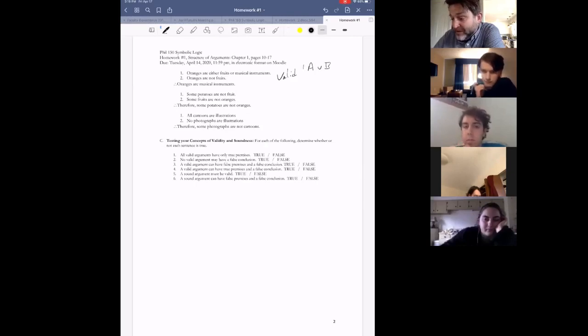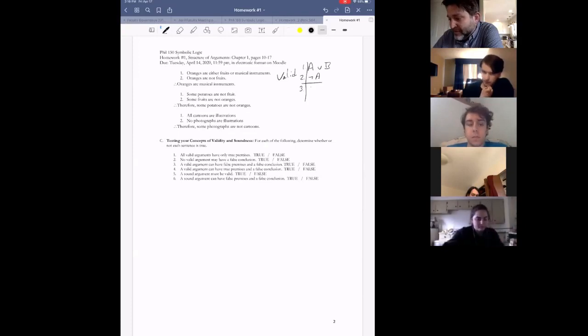So we have one, A or B, oranges are fruits or musical instruments. We have two, it's not the case that A. And then it would follow from this, and we'll be learning a rule that will make this clear, in one step, that B has to be the case.